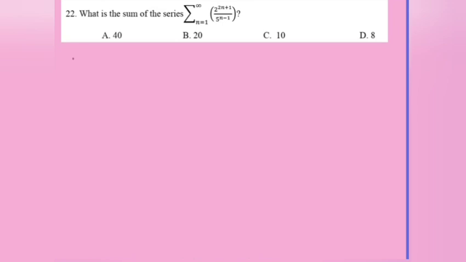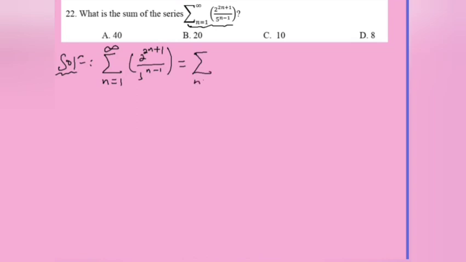The other problem is, what is the sum of this series? Okay, to calculate the sum of this series, let us rewrite it. n starts from 1, then 2 to the power of 2n plus 1 over 5 to the power of n minus 1 can be written as the sum of 2 to the power of 2n times 2 to the power of 1, which is 2, over 5 to the power of n times 5 to the power of minus 1.